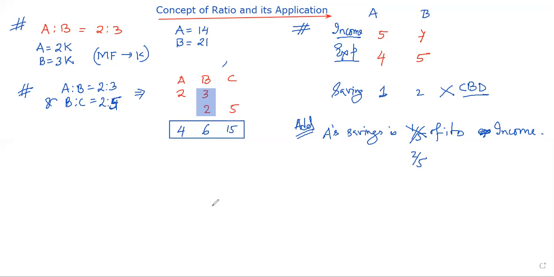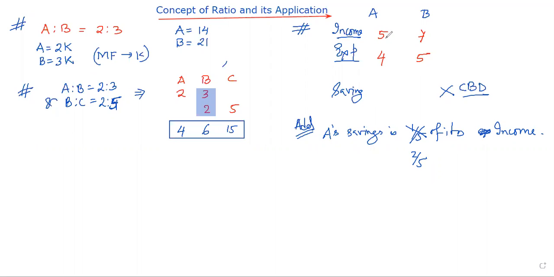Now here it would be interesting. I'm changing this one. What would it be? Savings is 2/5 of its income. Now 5 is the data. I need to make this 2. How will I be able to make it 2? Here some kind of multiplying factor I need to take.